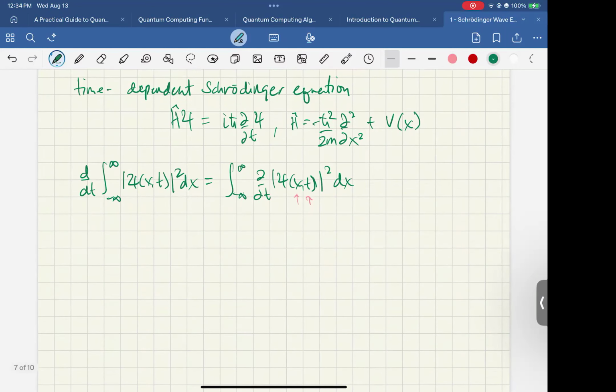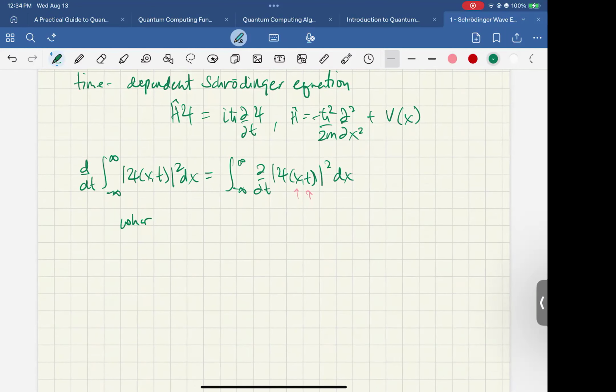So where partial with respect to t ng psi of x,t squared is equal to partial with respect to t. Alam natin na yung modulus squared niyan is written as psi star psi.